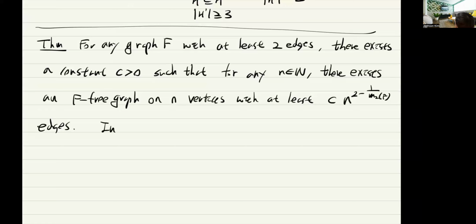In other words, the extremal number is big omega of n to the 2 minus 1 over m_2(F).